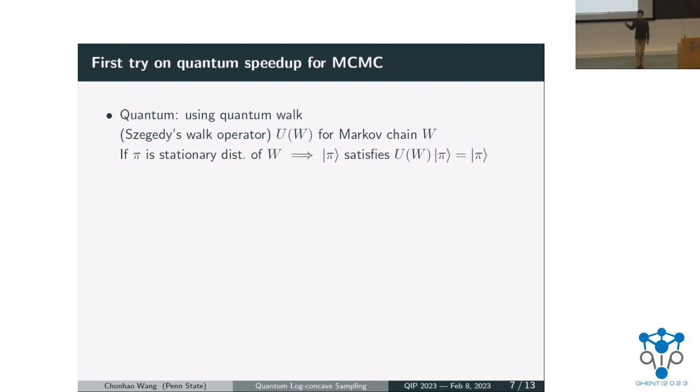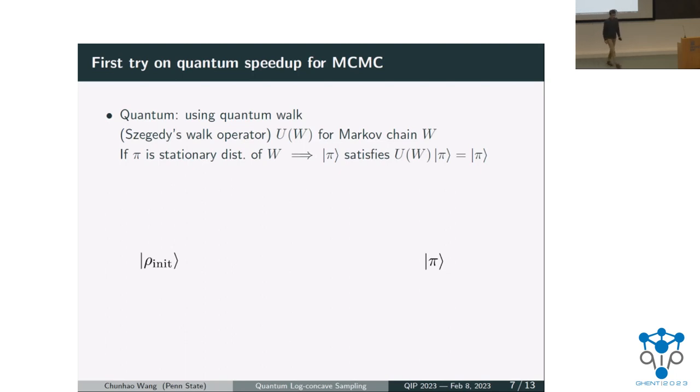Then its corresponding distribution state, |pi>, is the unique eigenvector of the quantum walk operator with eigenvalue 1.